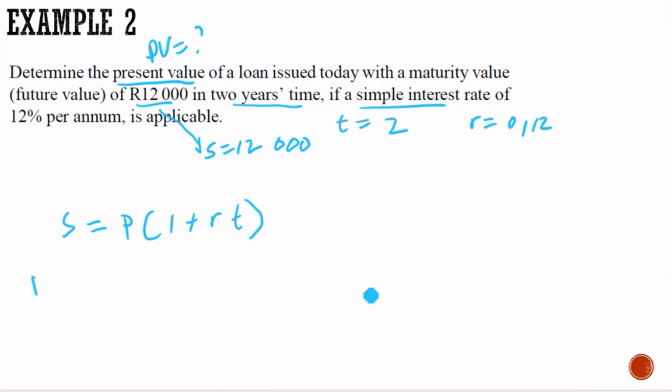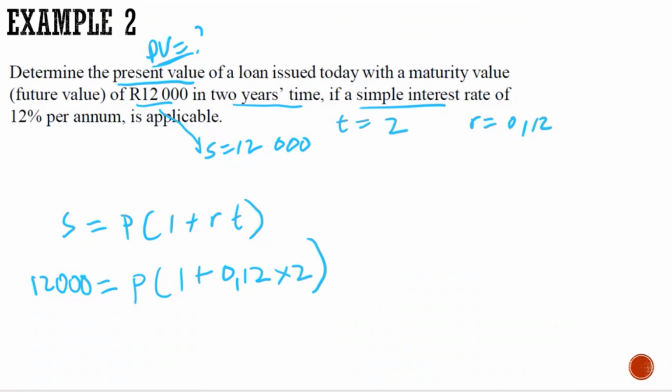It is 12,000. So you substitute your 12,000 there, which is equal to your present value P, which you are looking for, into 1 plus your R, which is 0,12, and your T is equal to 2.